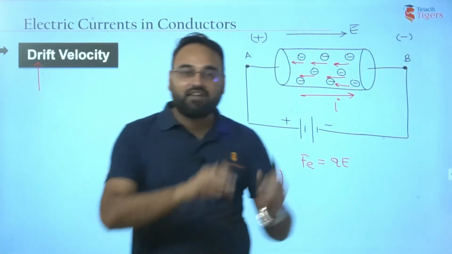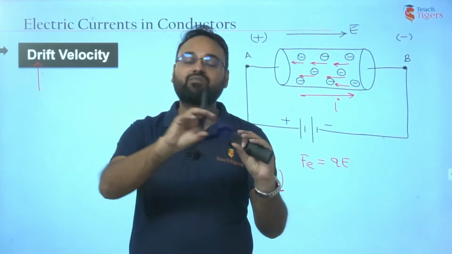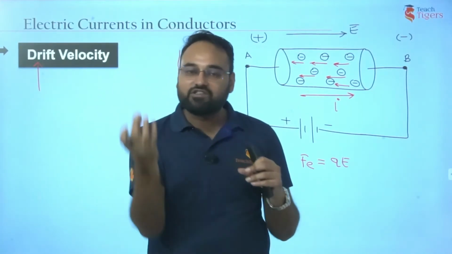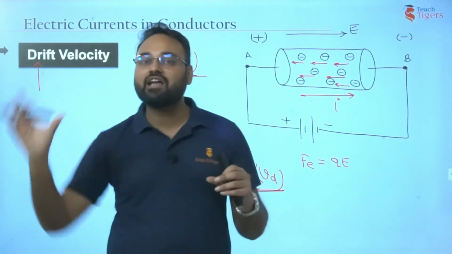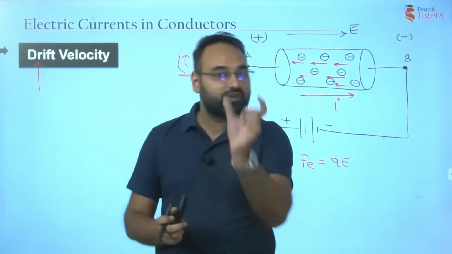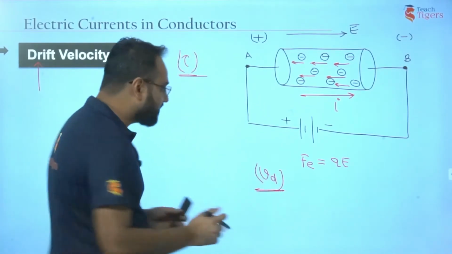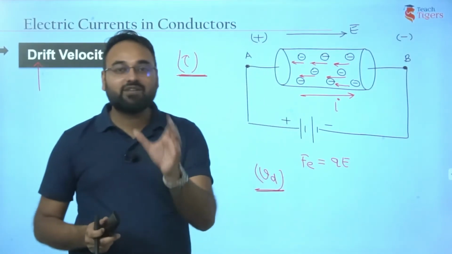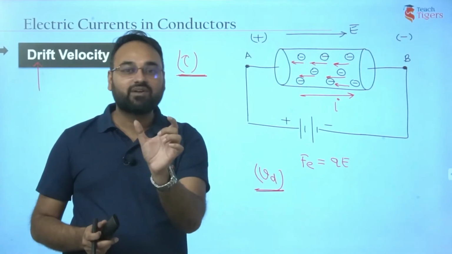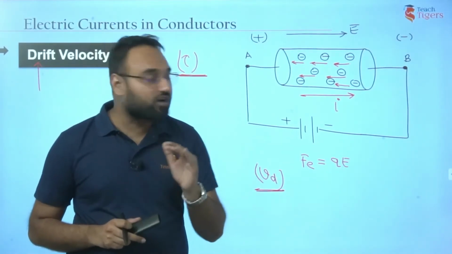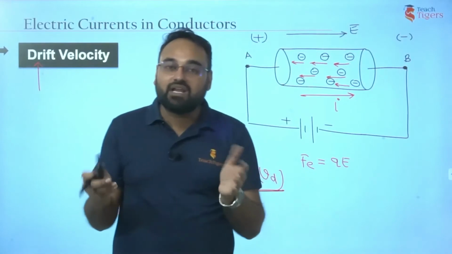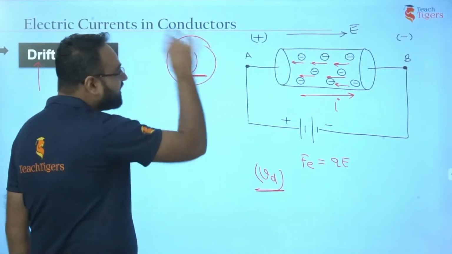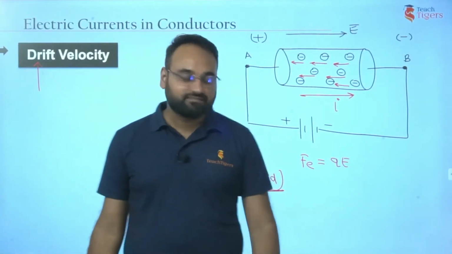So if an electron is initially at rest, it will start moving, gaining some velocity, then it will collide. Again it will slow down, it will again increase its velocity, again it will collide. So the average time between two successive collisions is this collision time or relaxation time. Relaxation time is the average time between two successive collisions of an electron with neighboring atoms and ions. So this is how we define relaxation time.